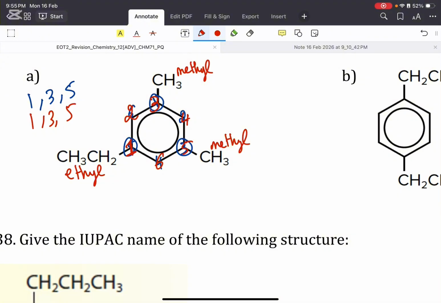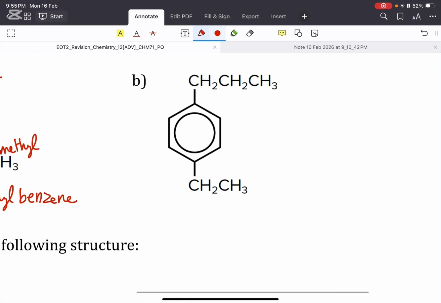In this case, E comes before M alphabetically, and I have to start writing it in the compound, because if you have more than one different branch, you need to write the branches in alphabetical order. So I'm going to go with this: one ethyl, and on the third and on the fifth two methyl groups, and last you end it with benzene.